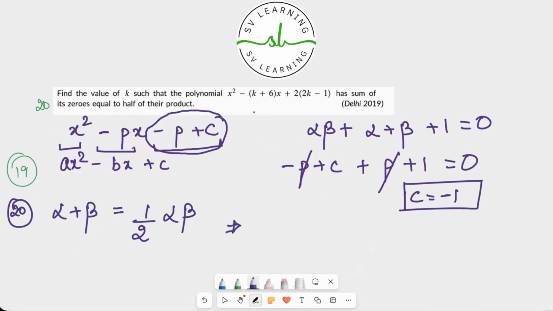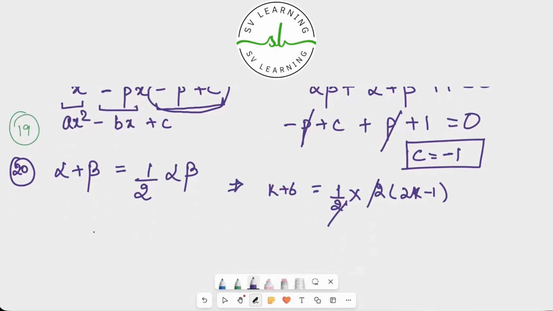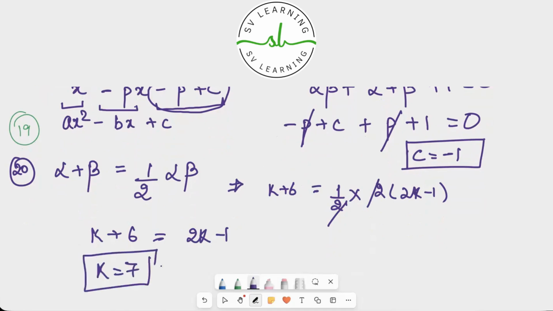So if I retrieve what is alpha plus beta here, k plus 6, because minus b by a is equal to 1 by 2 into alpha beta, the product c by a. So 2 into (2k minus 1). So basically you get k plus 6 is equal to 2k minus 1. So if I settle this, I'll get k is equal to 7.